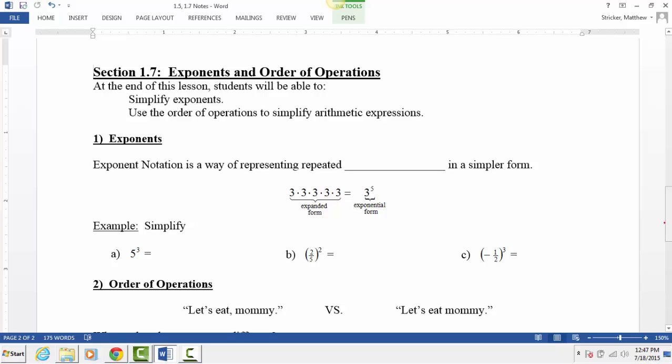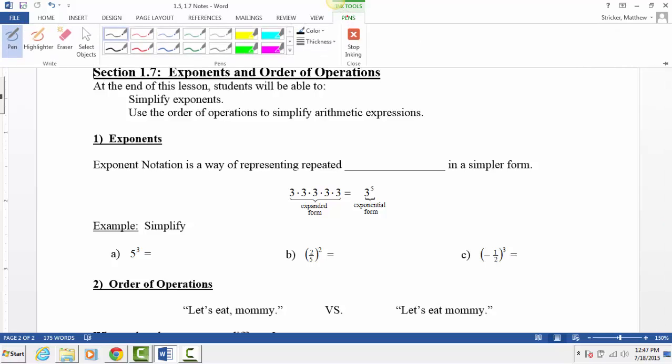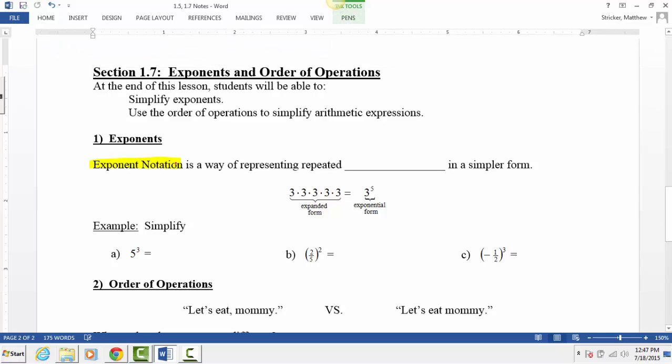So, first of all, very simply, exponent notation is a way of representing repeated multiplication in a simpler form. So let's go ahead and fill in the blank there. This would be multiplication. Repeated multiplication in a simpler form.